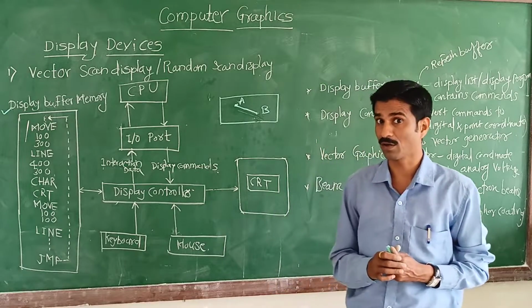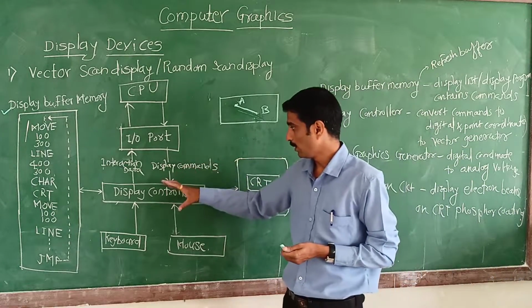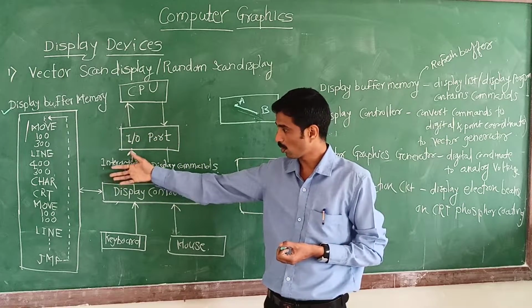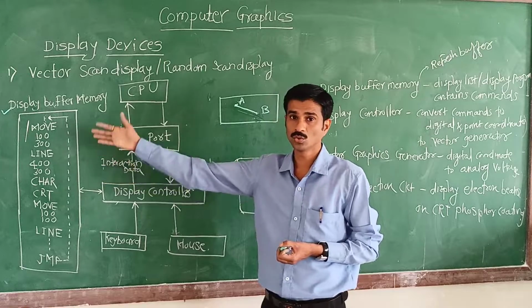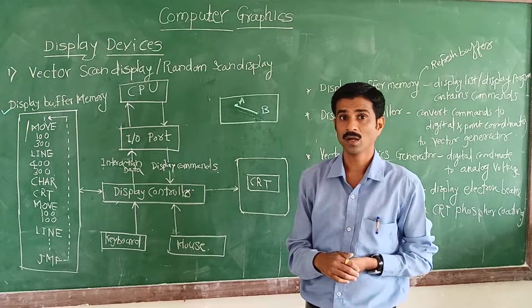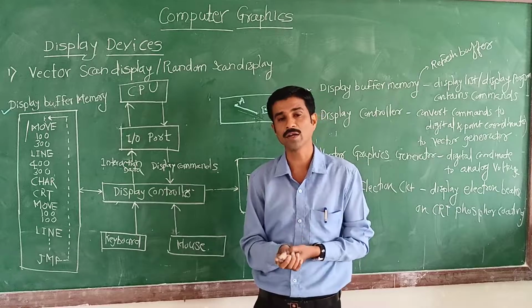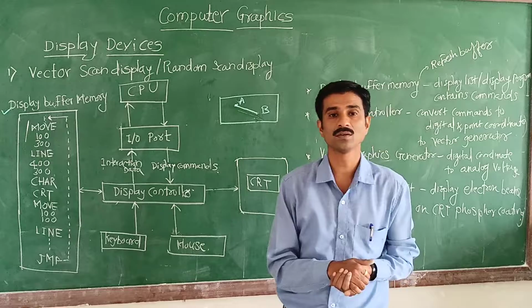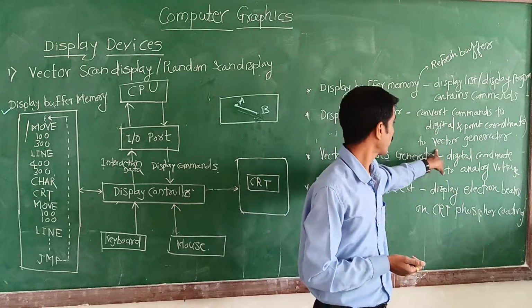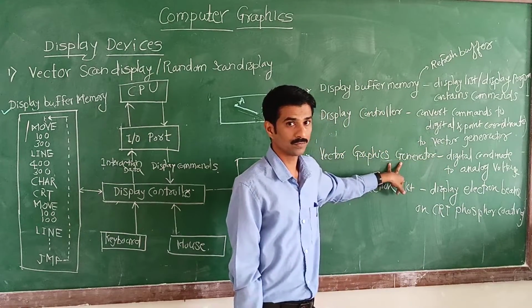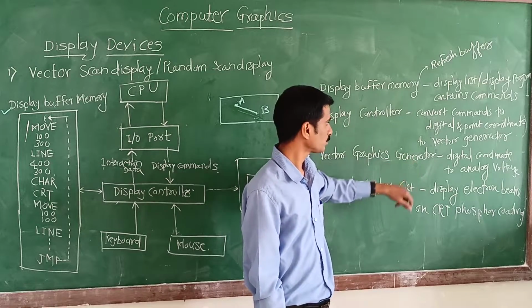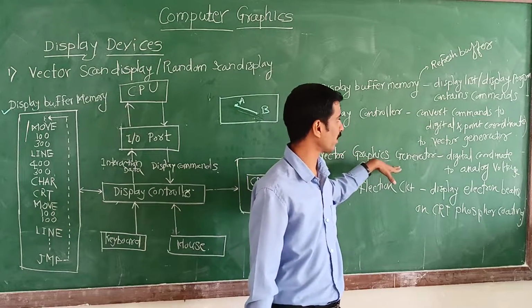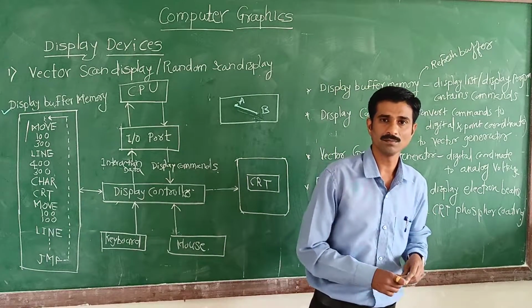So the display controller converts the commands from display buffer memory to digital point coordinates, and it will pass these digital coordinates to the vector graphics generator.